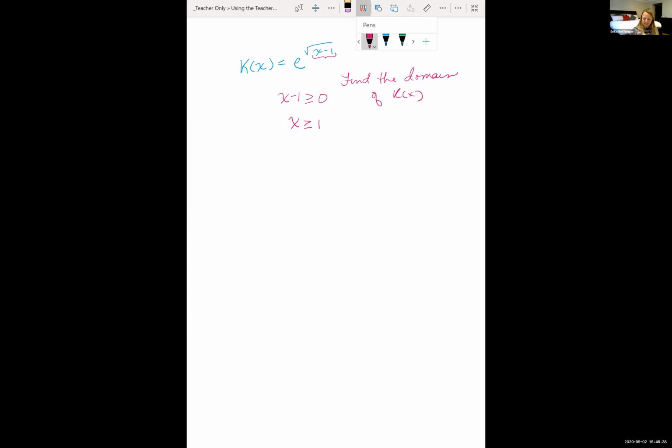I know that e is continuous everywhere where it's defined. So since e is continuous, let's just say y equals e to some function h of x is continuous for all values where x is in the domain.